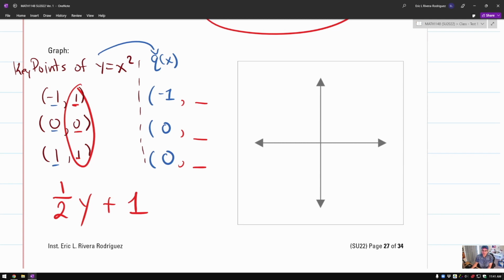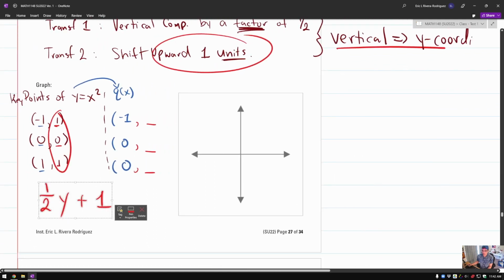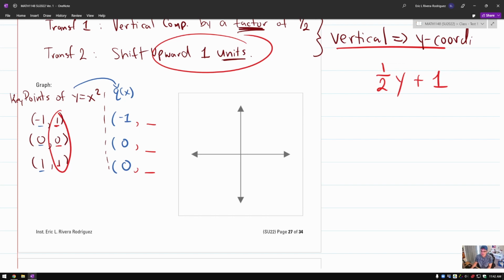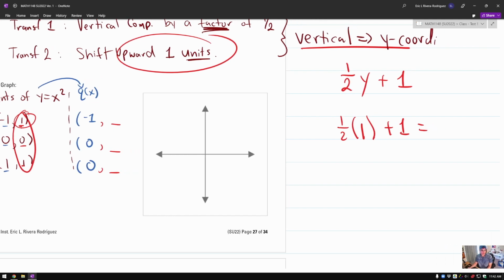Okay, so what I'm going to do is plug in these y values. For example, I have y equal 1. So 1/2 times 1 plus 1: 1/2 times 1 is 1/2, plus 1, that is going to be 3/2.